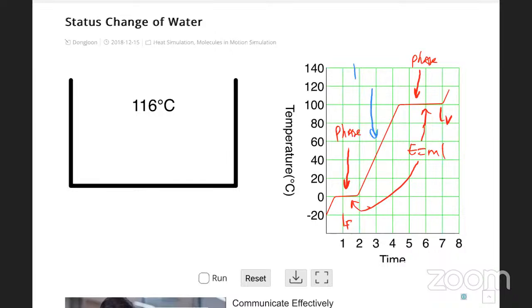Right here is the temperature change. So that graph on the right-hand side, right? Yeah.